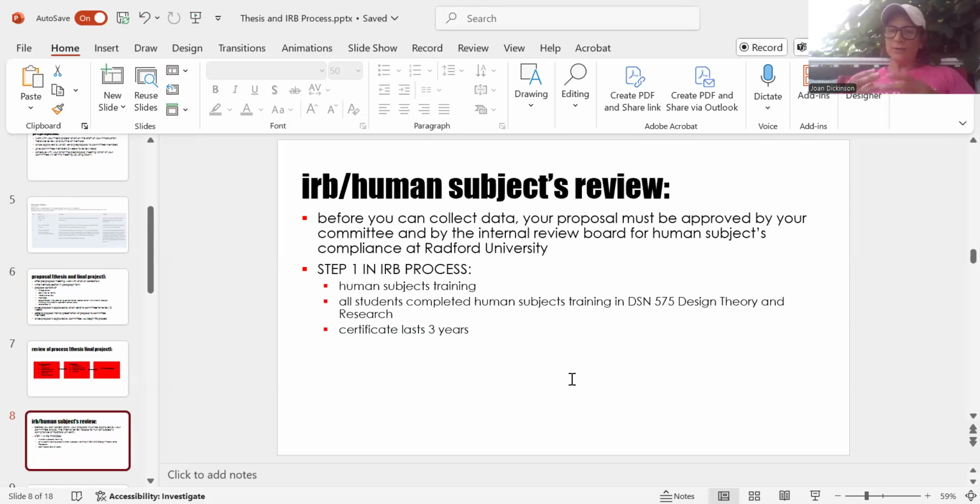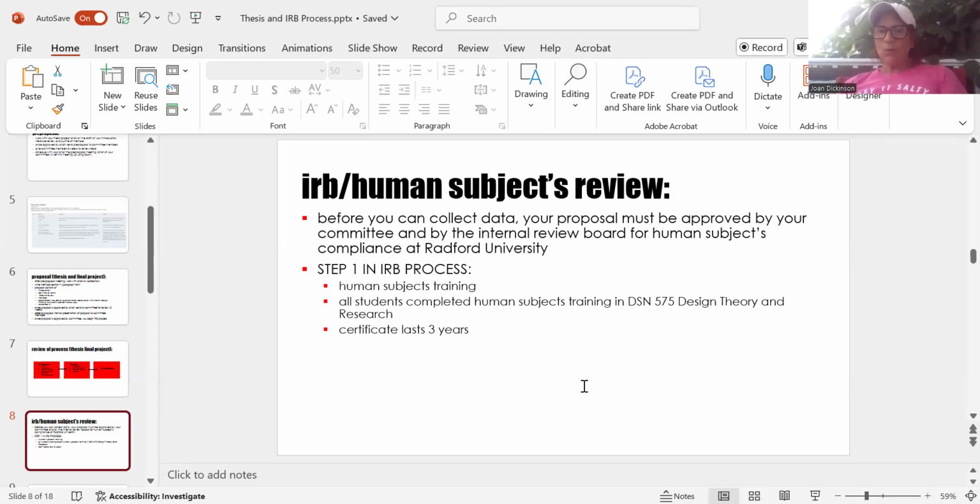You're going to put together an application that you are going to submit through IRB Manager. You're going to work with your chair as you do this. And then you wait to receive IRB approval from Radford University. Once you receive that IRB approval, then you can start collecting data on human subjects.